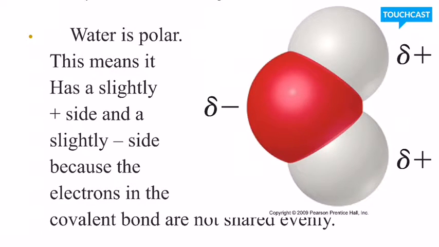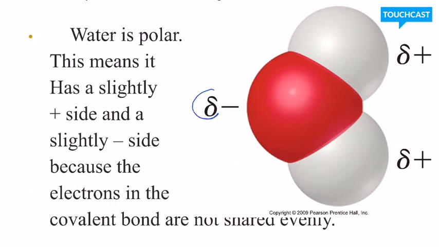And since the hydrogens are having their electrons torn away from them, they're going to end up having a very slightly positive end towards them. And so that creates an uneven sharing of the electrons and also produces these partial charges. That's what this symbol is. It's a lowercase delta in the Greek alphabet.